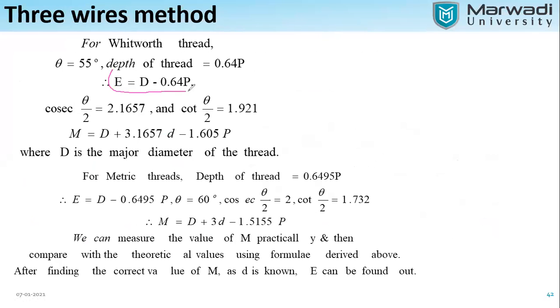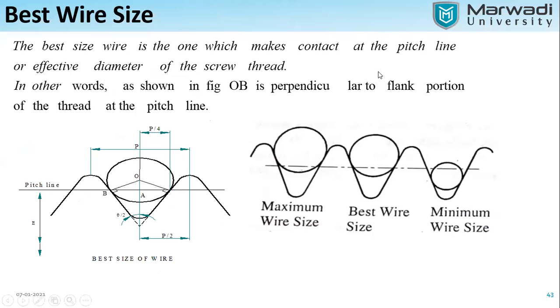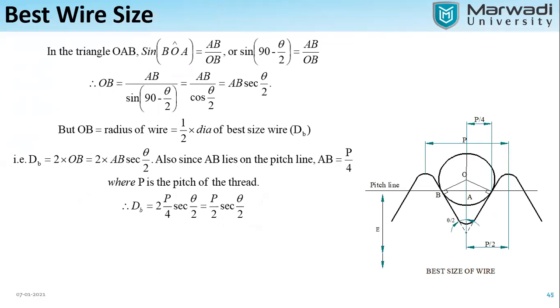For effective diameter, for Whitworth thread the formula is D minus 0.64 times P, and the effective diameter formula for metric thread will be D minus 0.6495 times P. And we have also discussed the best wire size. This is the formula for best wire size diameter, which is P by 2 sec theta by 2.